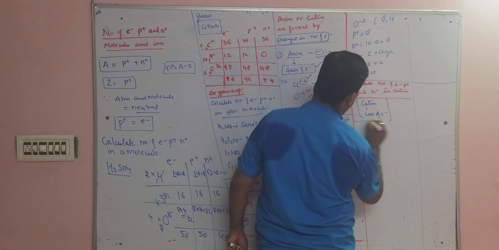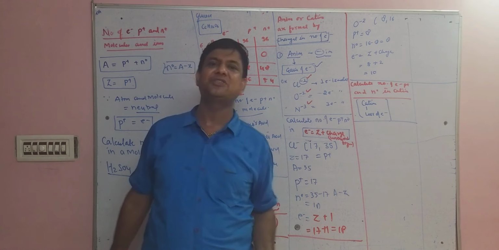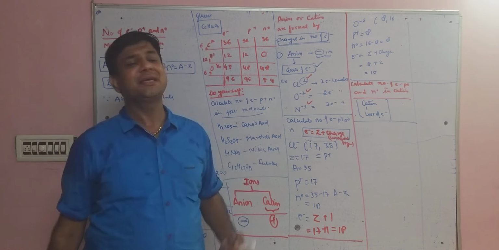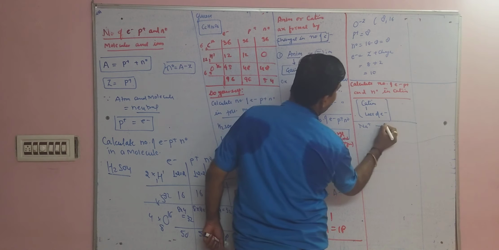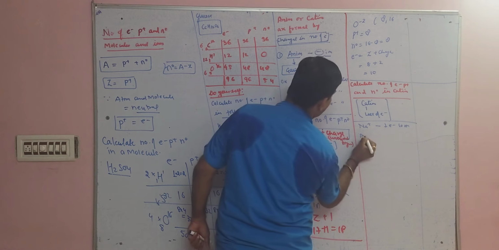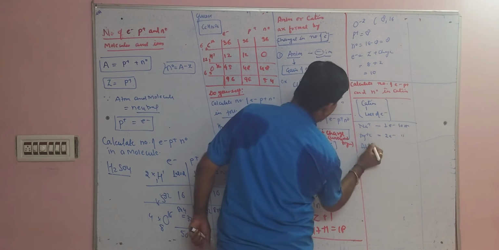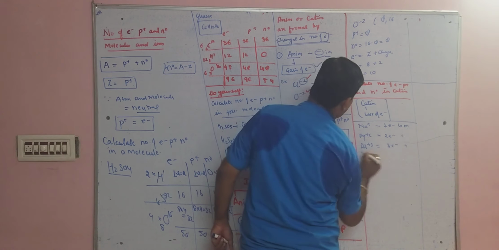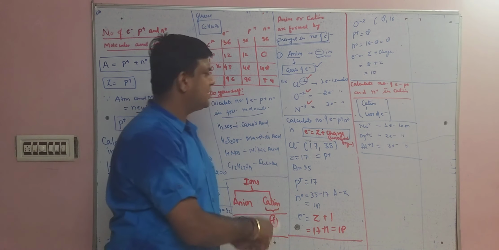If any species loses an electron, then it is a cation, and cations are positively charged. If we say Na plus, it has lost 1 electron. If I go for magnesium plus 2, 2 electrons are lost. If I go for aluminum plus 3, 3 electrons are lost. So by the charge you can decide how many electrons are lost.